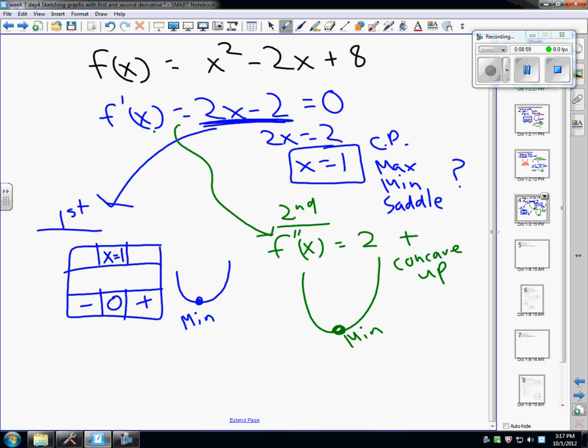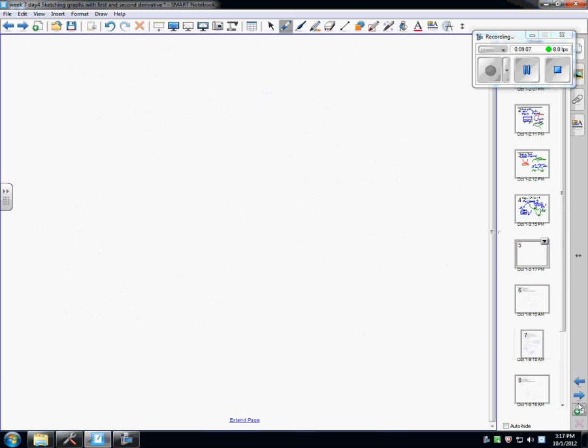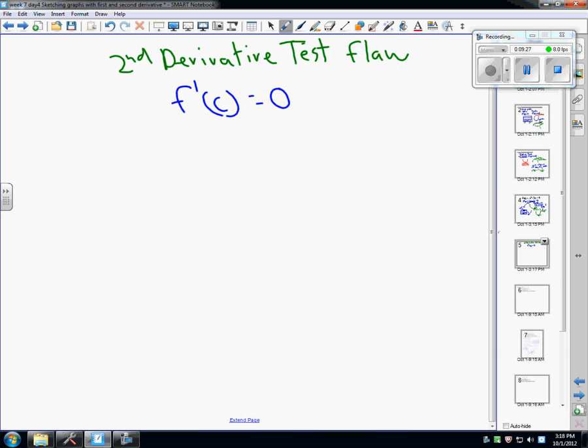Now, the only flaw to the second derivative test is this. Oops, let me back up a page and create a new page for you guys. The only flaw to the second derivative test: if my first derivative at a point, let's call it c, is 0, if my second derivative at c is positive, I have a min.